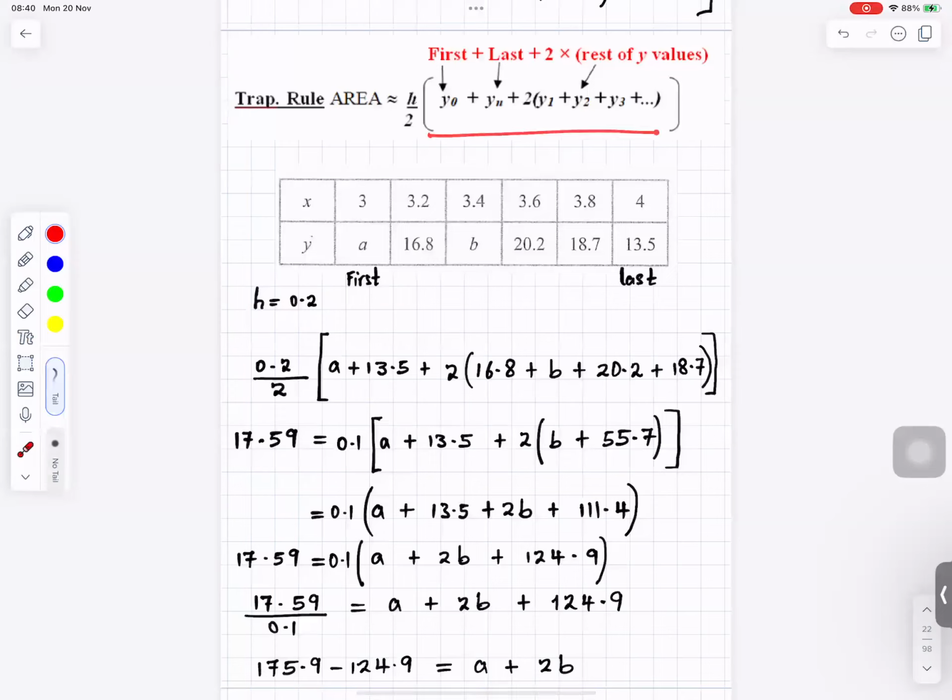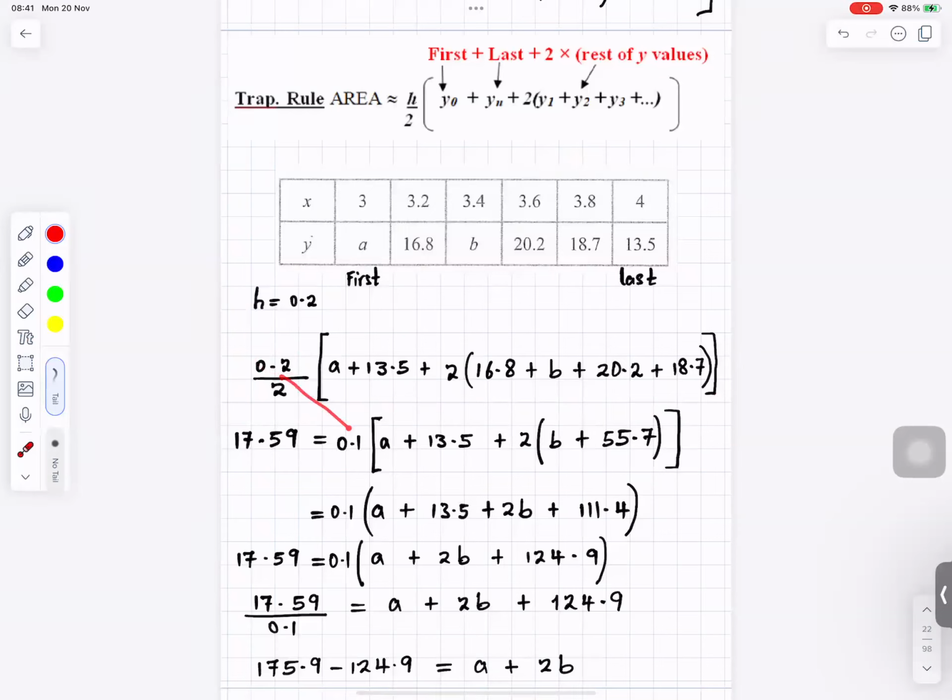I use the formula in this form: first number plus the last one plus 2 times the rest. That's how I learn them. And that's the first and that's the last. So substitute them all in that expression. That 0.2 is the 1/5. And then from there, you see how I simplify them bit by bit.